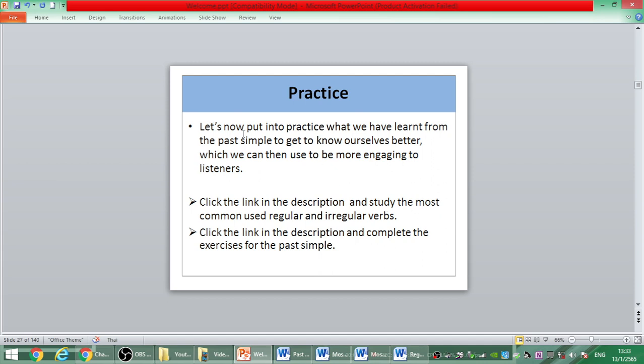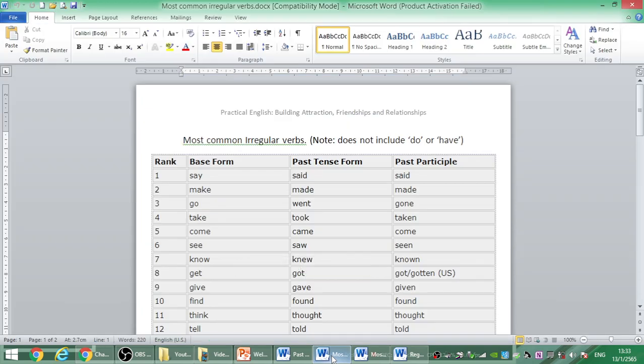So now let's put into practice what we have learned from the past simple to get to know ourselves better, which we can then use to be more engaging to the listeners. In one of the links in the description below the video, you will be taken to this page here, which is the most common irregular verbs.